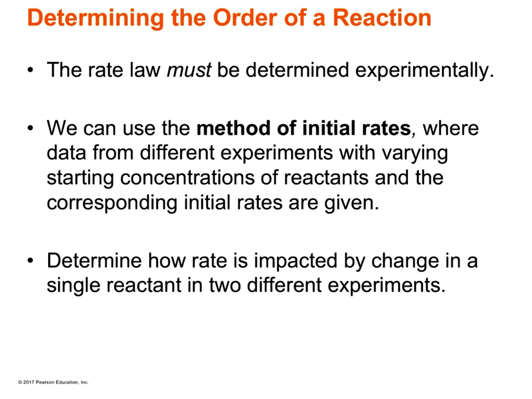In this method, we take data from different experiments with varying starting concentrations of reactants. And then we also determine the initial rates, but usually those are given to us. And then we'll determine how the rate of the reaction is impacted by changes in the reactant.